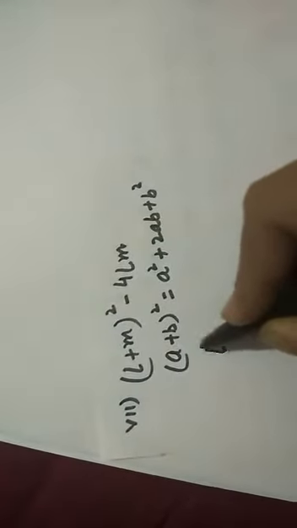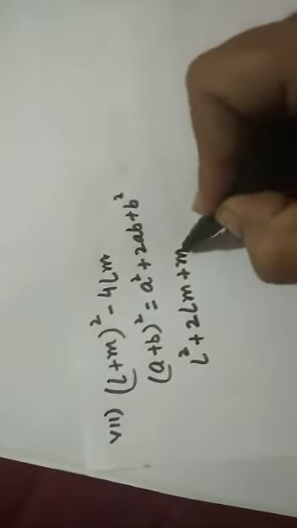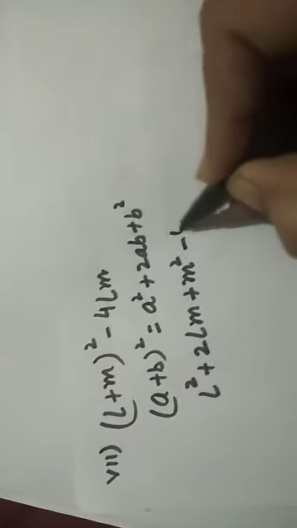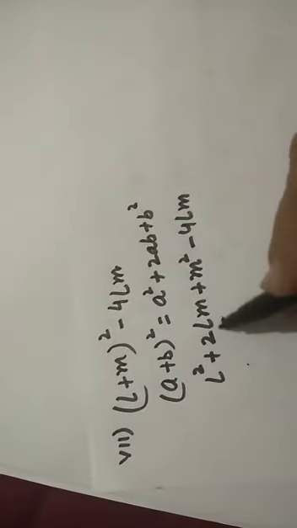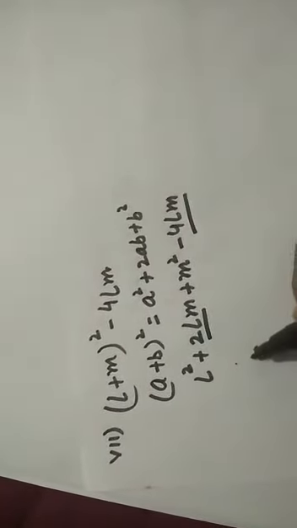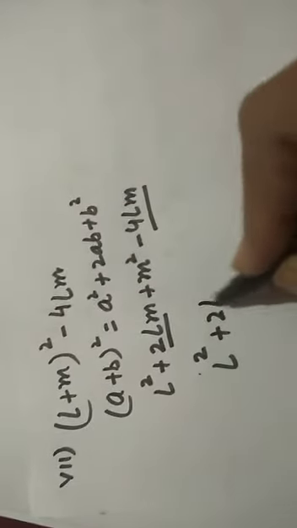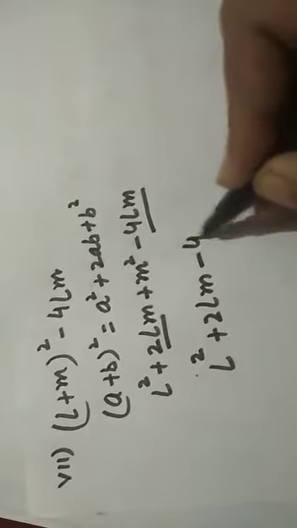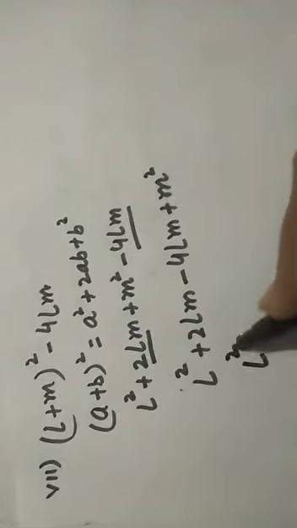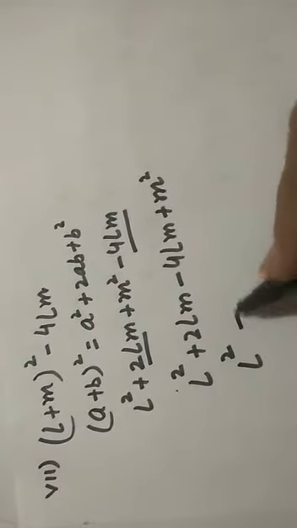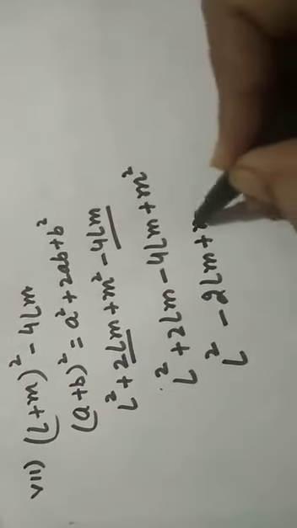So it will be l square plus 2lm plus m square minus 4lm. Now these two are like terms, one positive, one negative. l square plus 2lm minus 4lm plus m square. So the result of this will be l square minus 2lm plus m square.